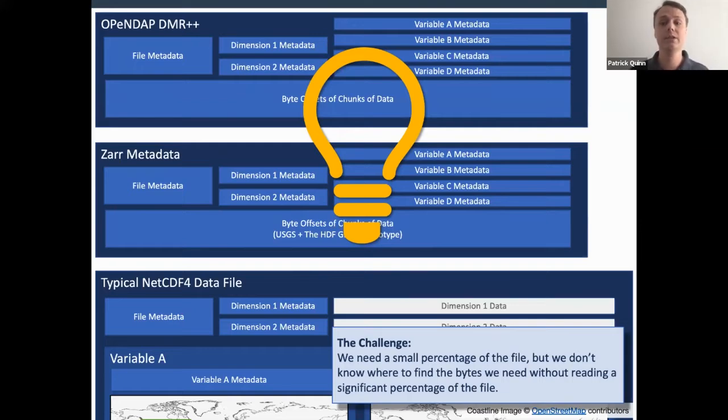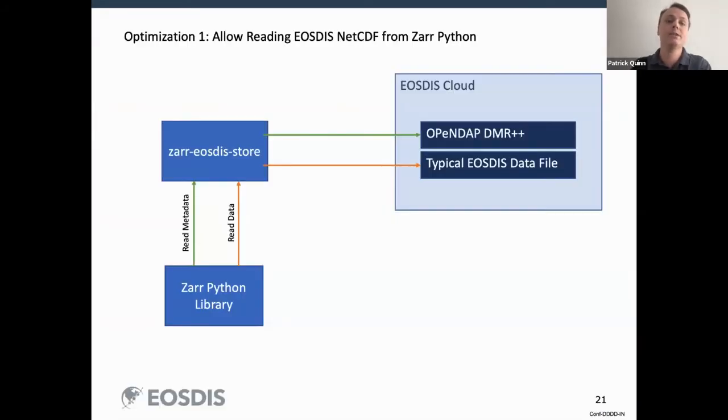They also showed that reading netcdf4 files that way had comparable performance to reading native Zarr S3 data. So it's quite fast to use the Zarr library to read netcdf4 data. And it wasn't too hard to imagine that I could use that same technique, and instead of reading Zarr metadata, I could read this OPeNDAP DMR++ and present that to Zarr as though it were its own native format. So that's what this Zarr EOS store that you saw in the demo is.